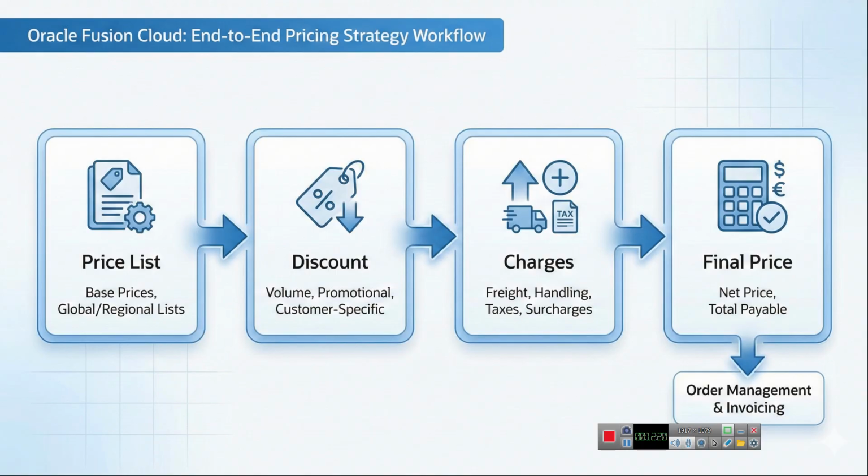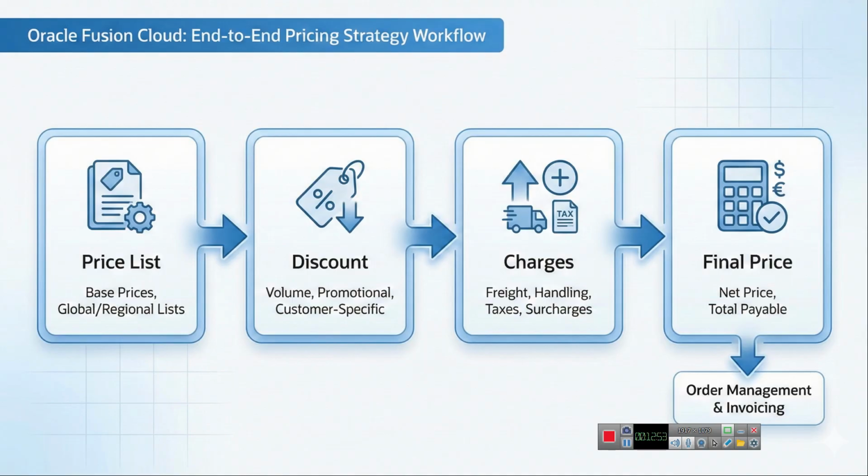The pricing strategy will check your base price and whether any discount or any charges are going to be applied. After calculating all this, you are going to get your final price. So we have talked about three major things: price list, pricing segments, pricing strategies. These all three are talking about your price.